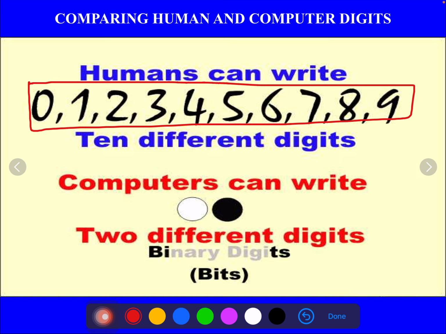But a computer can write only two values. Here it is color coded: the white color represents the value 1 and the black color represents 0. So zeros and ones are represented by systems. Two different digits, it is a binary digit.